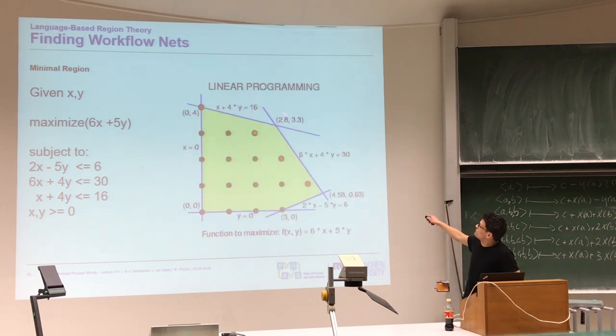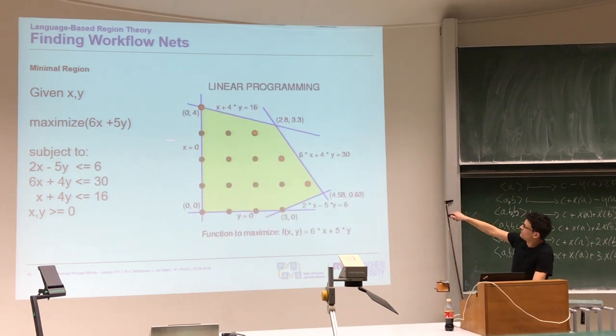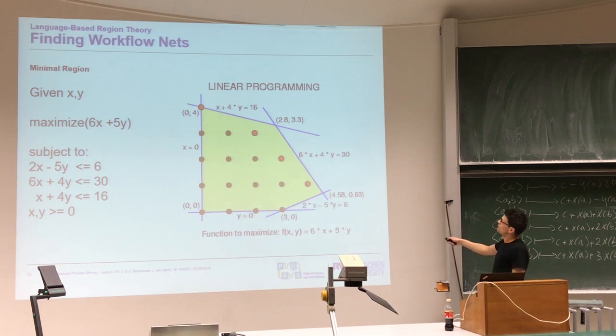What we can do is draw these different lines. The blue lines represent the different constraints, and everything within this field is known as the feasible region or solution space of this linear program.